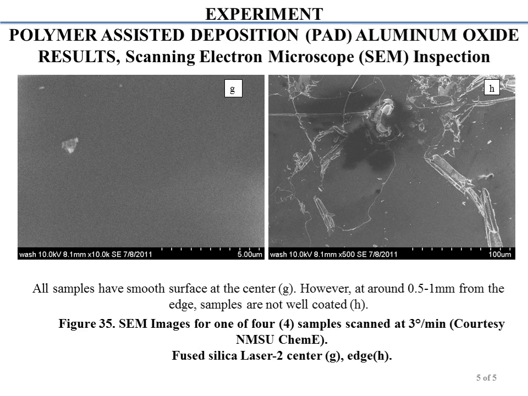However, about half to a millimeter from the edges, the samples are not well coated. However, polymer-assisted deposition is designed to produce high-quality coatings over a large surface area. So this is a very useful technique to cheaply and effectively coat optical windows.